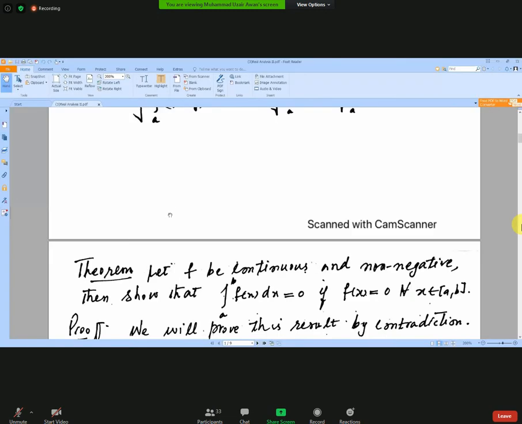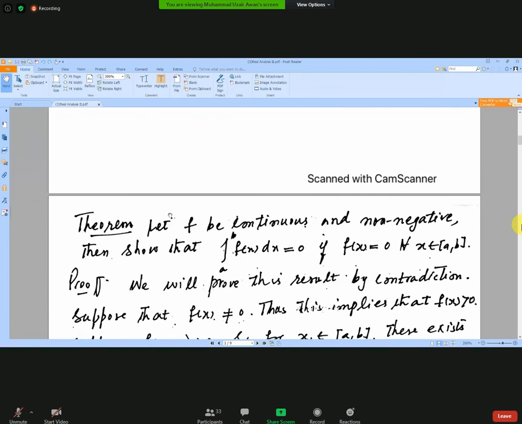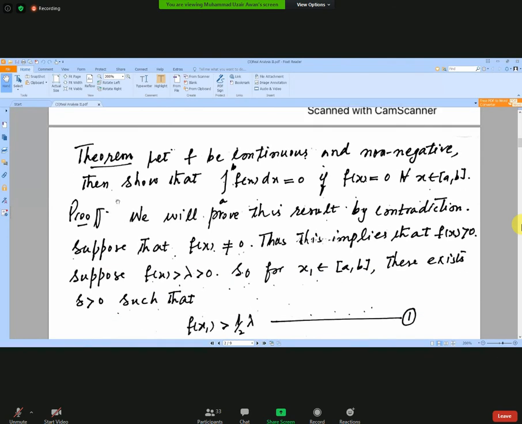So this was the statement: let f be a continuous and non-negative function, then we have to show that if f of x is equal to 0, then integral a to b f of x dx is equal to 0. We have started the proof of this theorem by contradiction and supposed this position.